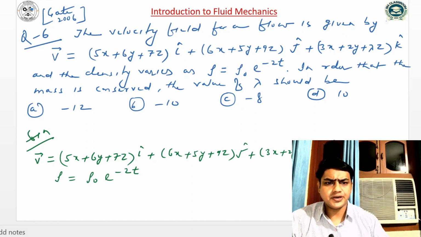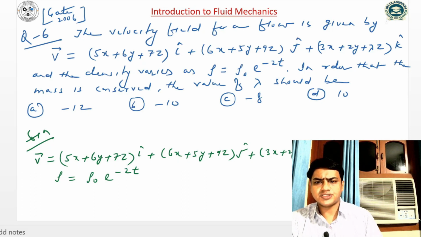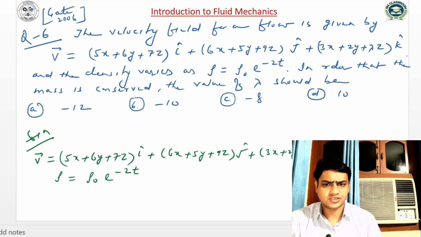The velocity components in the x, y and z directions are given: in the x direction 5x plus 6y plus 7z, in the y direction 6x plus 5y plus 9z, and in the z direction 3x plus 2y plus lambda z, and the density varies exponentially, rho is equal to rho naught e to the power minus 2t. So in order that the mass is conserved, what is the value of lambda?